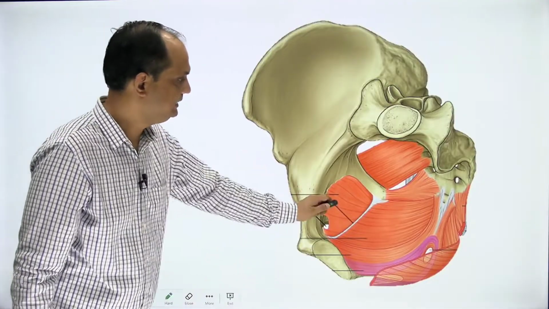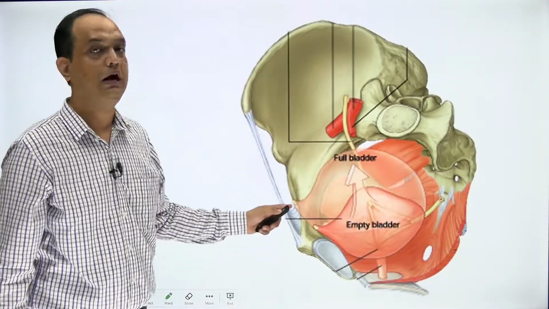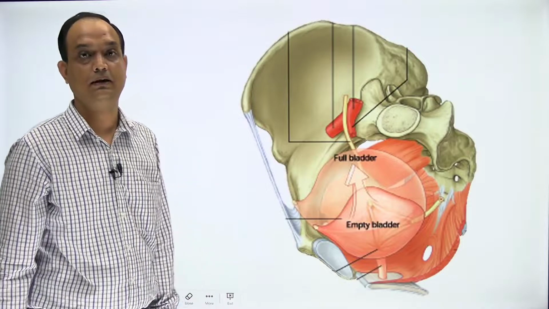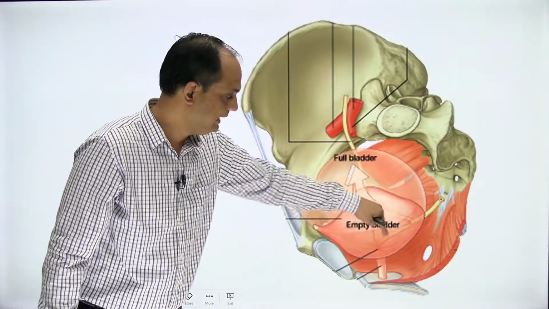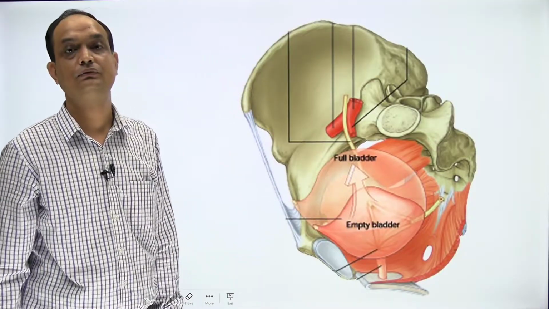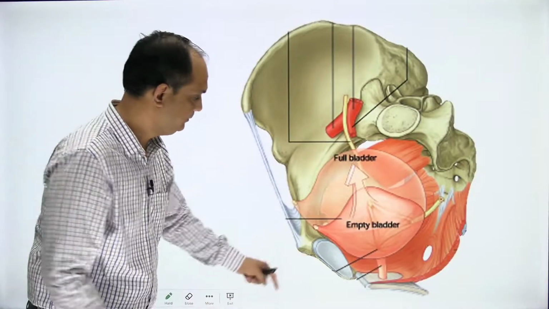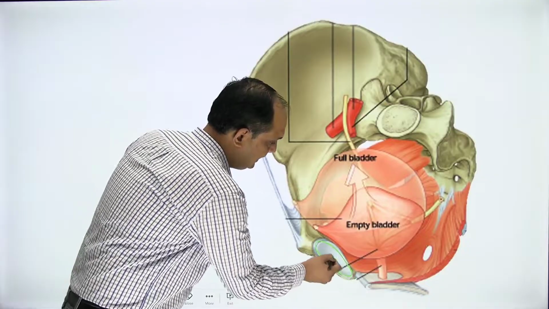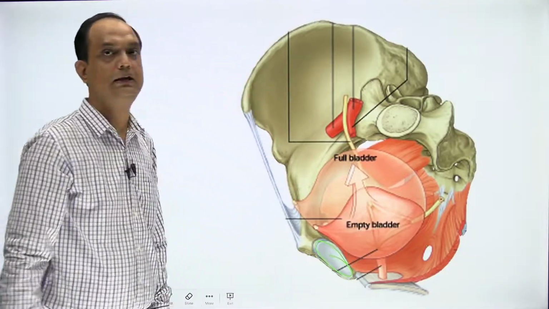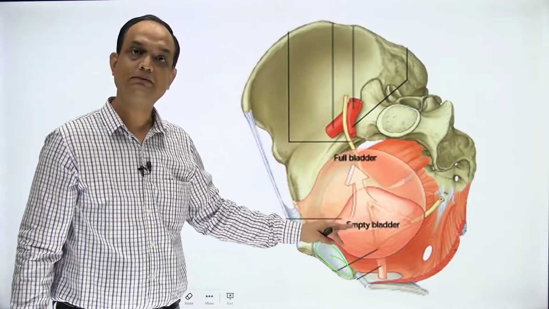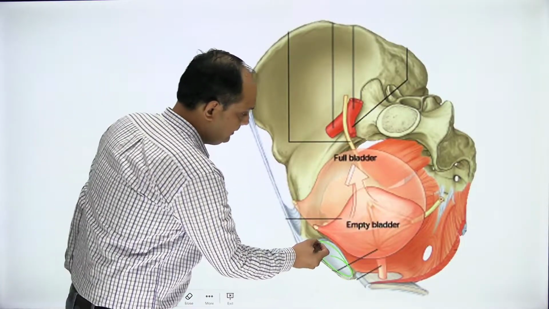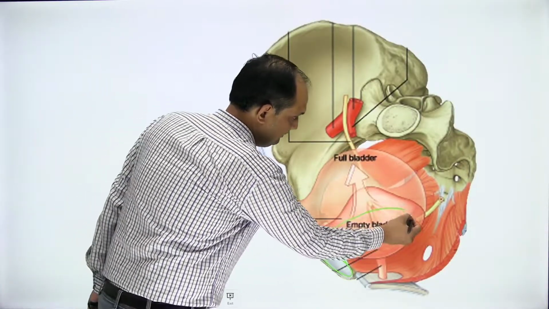Now in this area, if you have the orientation of the bladder, you will realize that the bladder is present in the anterior part of this pelvic cavity. This is your pubic bone. This bladder lies anteriorly in this part of the pelvic area, and it is a pelvic organ when it is empty.